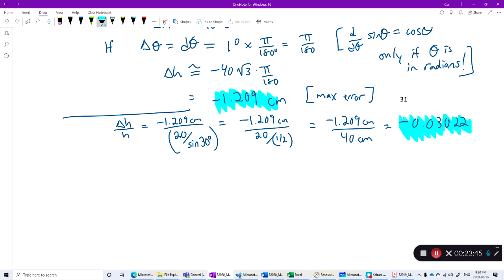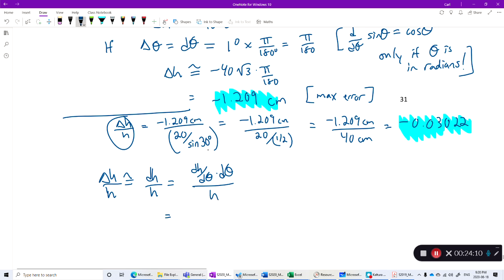But I wanted to show you one last way to get this, which avoids all the numerical details. We're going to say that delta h over h is approximately dh over h. And what is dh? dh is the derivative, dh d theta, times d theta, over h.